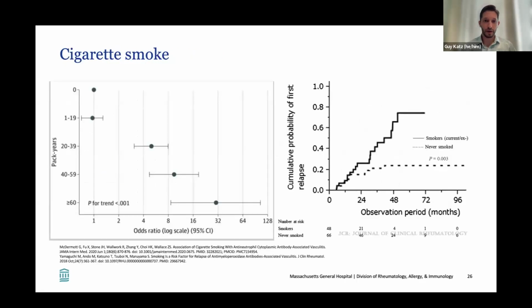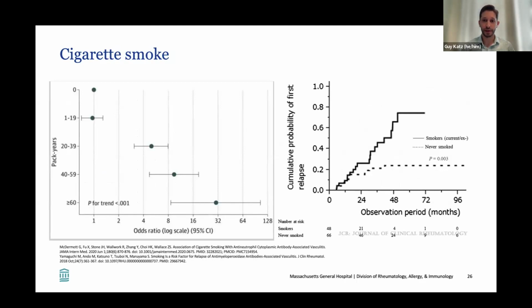Cigarette smoke is another substance that I alluded to earlier and has been studied, particularly in ANCA-associated vasculitis. Here you can see on the left side the incidence or development of ANCA-associated vasculitis in people of different degrees of smoking exposure.